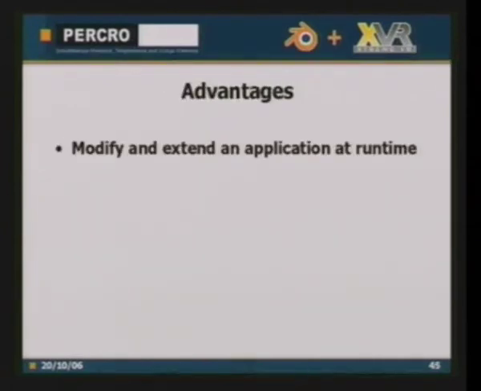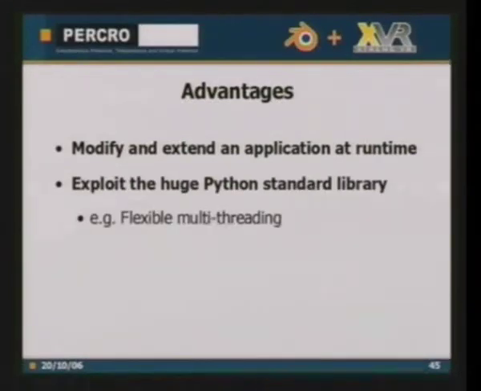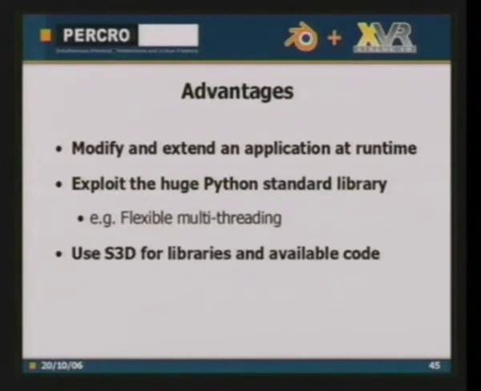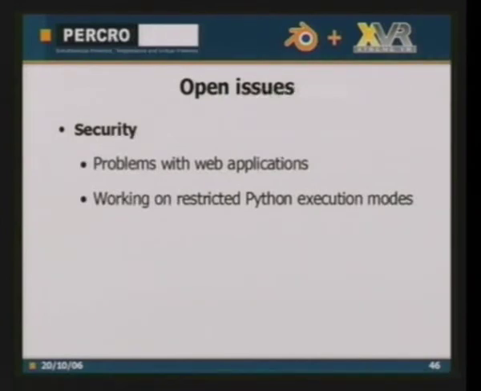The advantages are that you can modify and extend an application at runtime, something that was not possible with the previous scripting language. And you can exploit the huge Python standard library, for example, to obtain more flexible multi-threading apart from the two original threads. You can still use S3D, which is our custom scripting language, for libraries and all the already available code. Open issues are security.